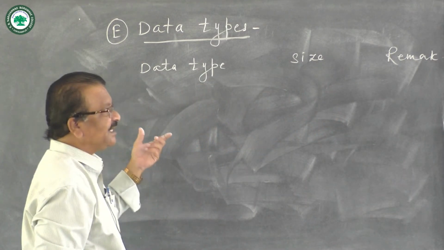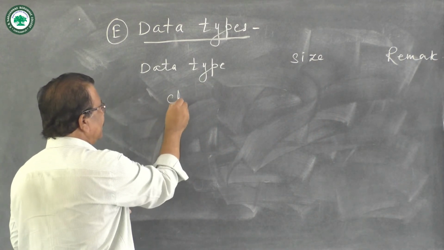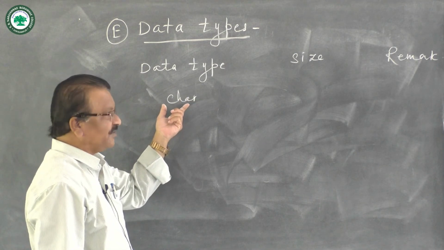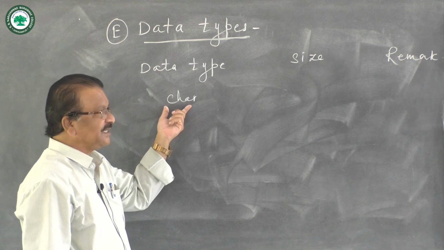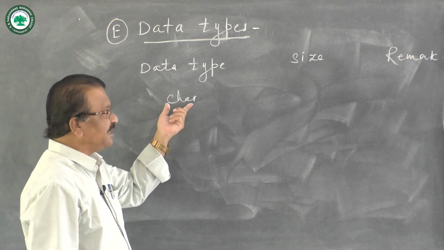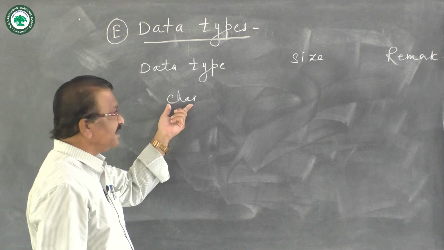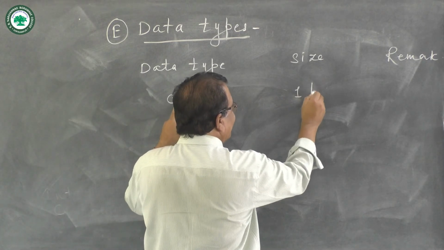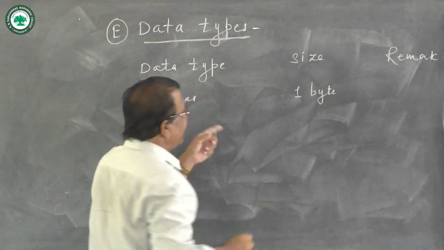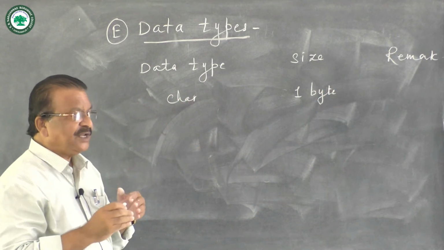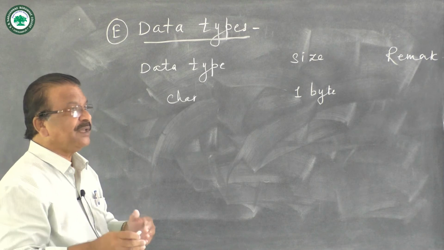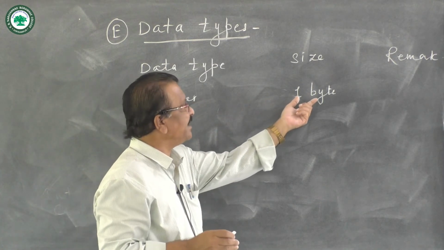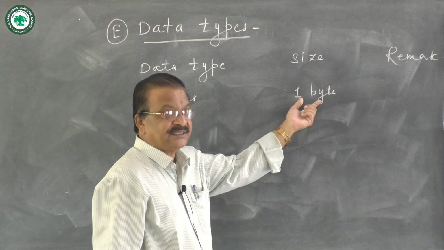The first data type is character, denoted by the keyword char. It has a size of 1 byte. The meaning of this is, when you declare a particular variable as a character type of variable, 1 byte of memory gets reserved to store that data atom.